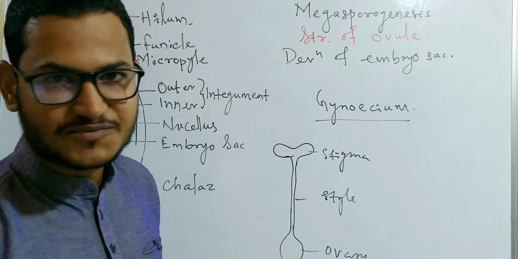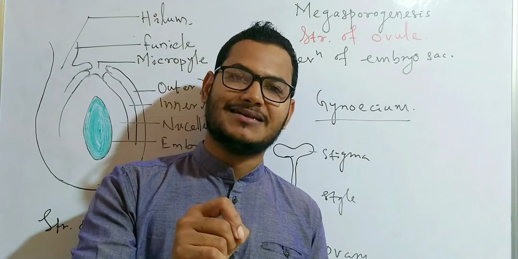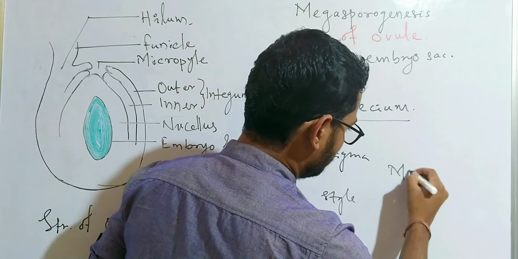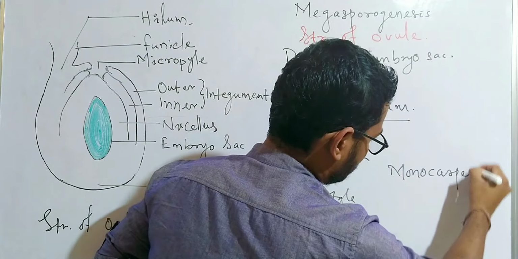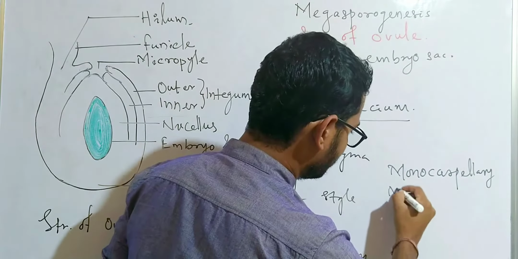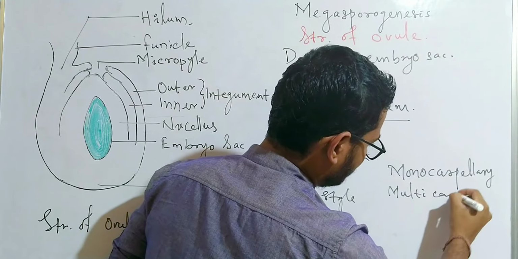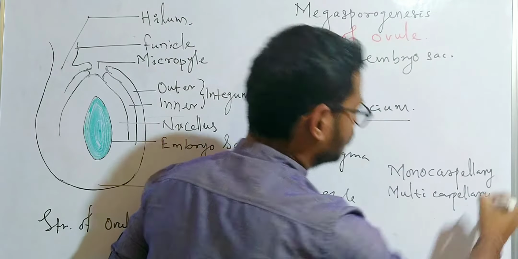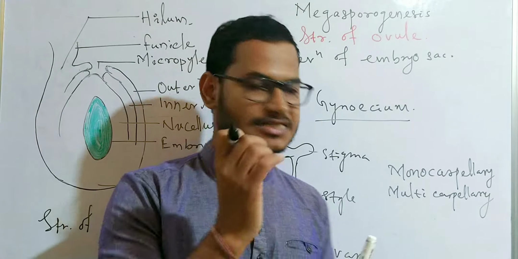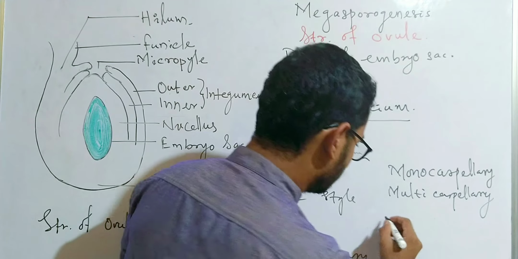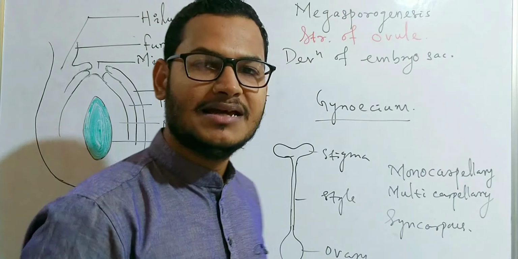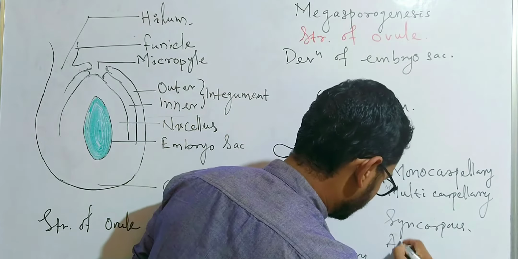When a single pistil is present, it is called monocarpellary, and when many pistils are present, it is called multicarpellary. Two other terms: when the carpels or pistils are fused together, it is called syncarpous, and when they are free, it is called apocarpous.